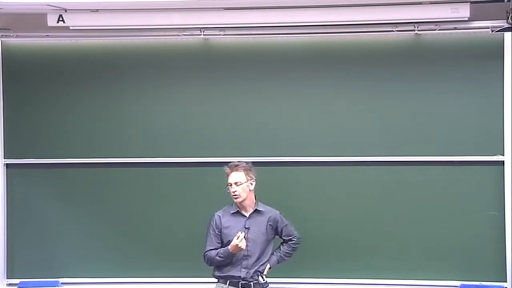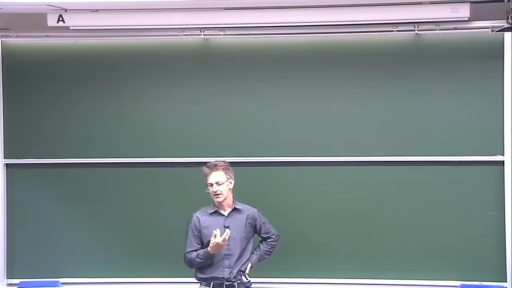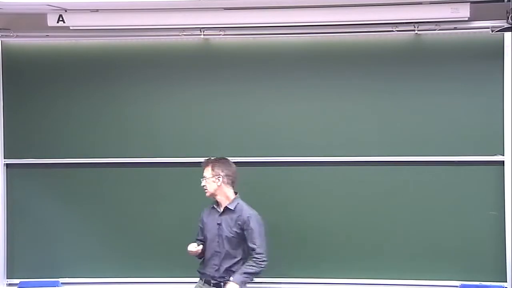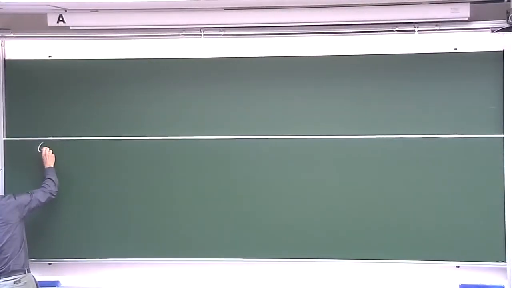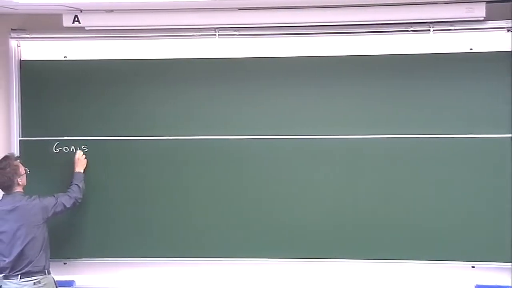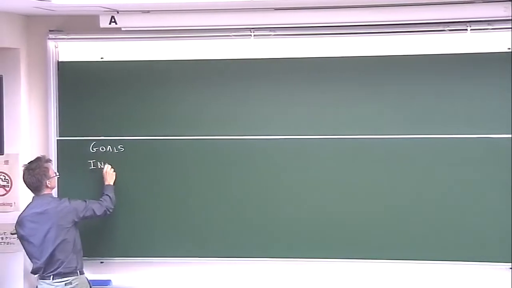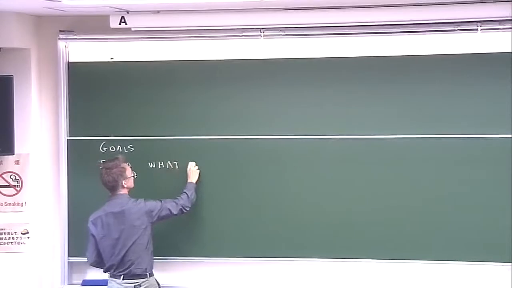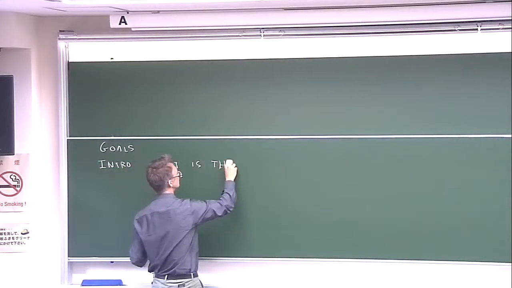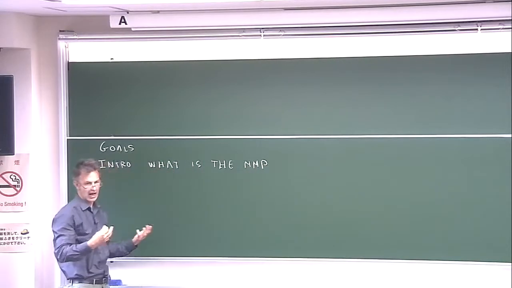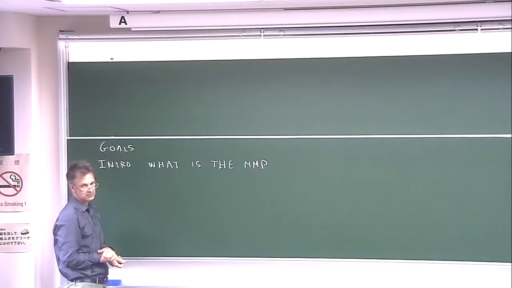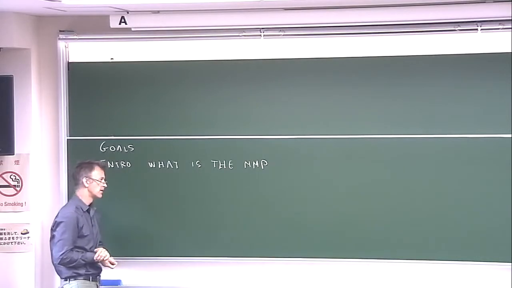So what are my goals in this series of lectures? I would like to give an introduction. Maybe I should write them down. So I'd like to start by giving an introduction. What is the minimal model program? And I'd like to explain in some detail how one runs a minimal model program and what the main results are that the minimal model program builds upon.